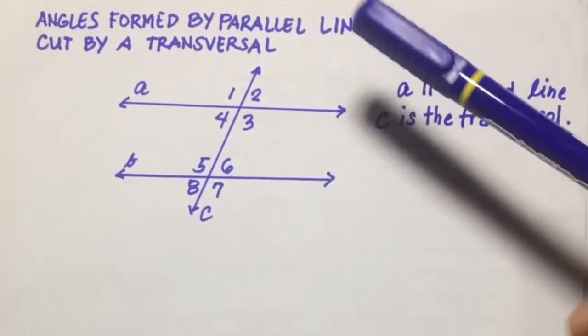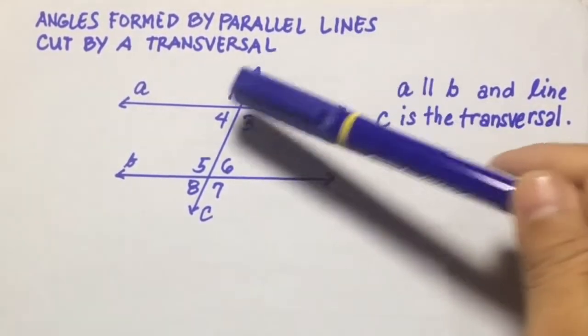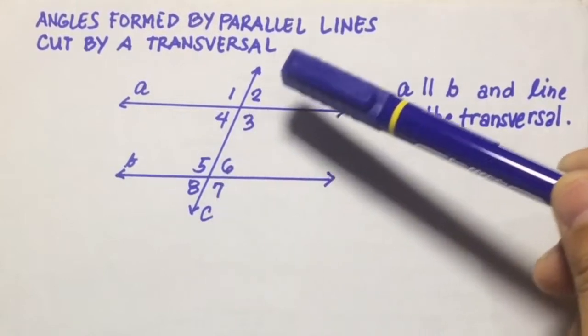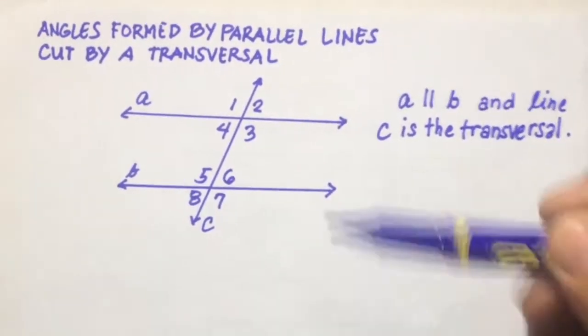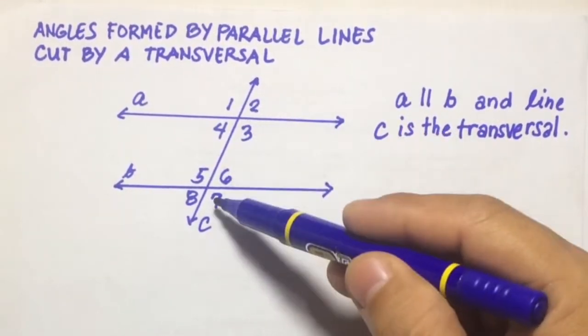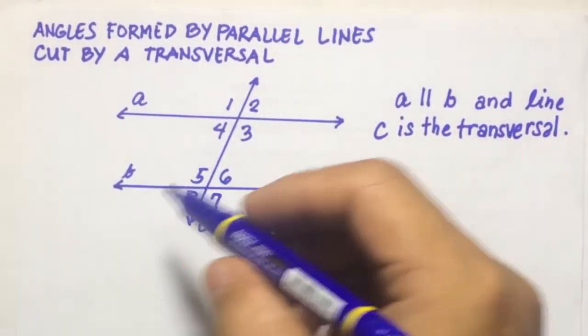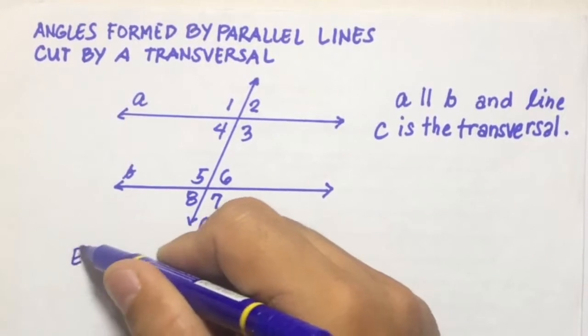Now we have here numbered angles 1, 2, 3, 4, and 5, 6, 7, and 8. Angles 1, 2, 7, and 8, these four angles here, are called exterior angles.